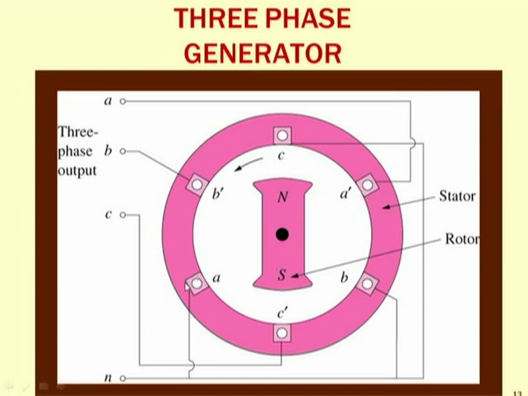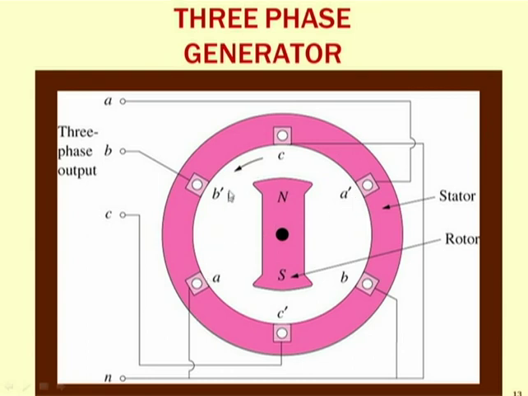You can say that this is my conductor named A. This is my conductor named B, and this is my conductor named C. In the earlier case, we were discussing the power generation for the single phase. Now as it is a three-phase system, all these coils are mounted on a stationary part, which are 120 degree apart.